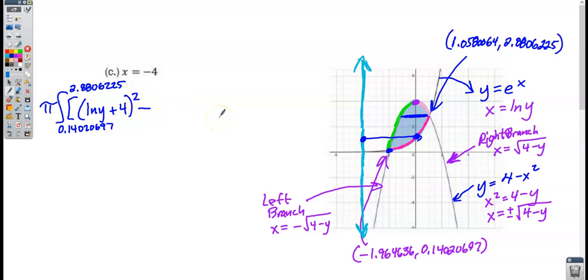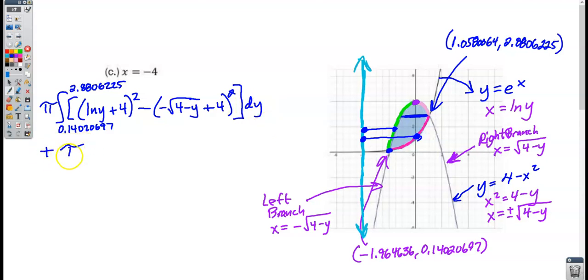And then my inner boundary is from this green highlighted curve over to the axis of rotation. Again, bigger minus smaller. The green highlighted curve is on the left branch of the parabola. So that's negative square root of 4 minus y minus -4. Makes that plus 4. Okay, so there's my first integral, getting what's below the horizontal line.